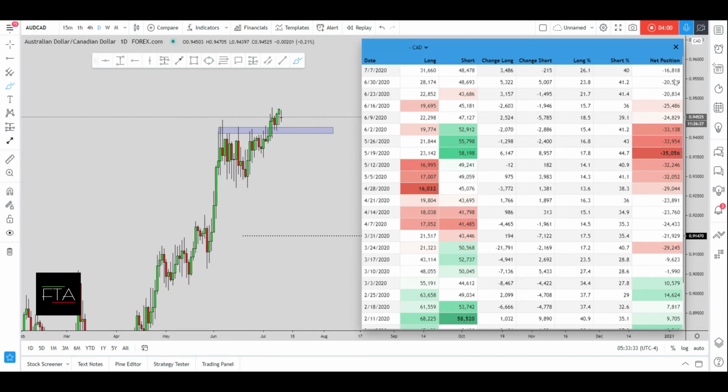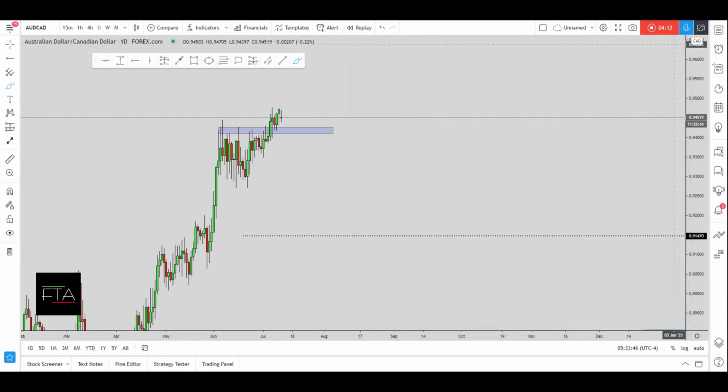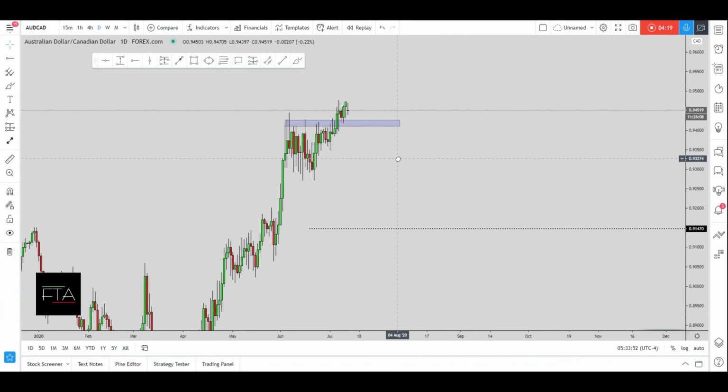And then traders have been adding long exposure that went all the way up to 26%, bringing net positions at minus 16K. So the CAD has in the short term been getting stronger, which is good for our overall move to the downside from an AUD CAD perspective. However, as we have seen, AUD is pretty strong, so we still cannot be looking for any shorts.